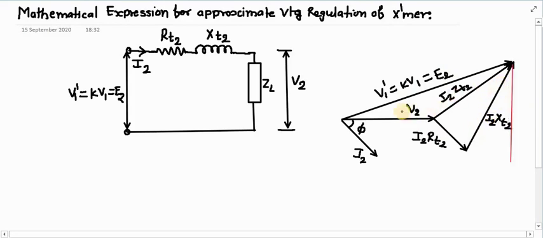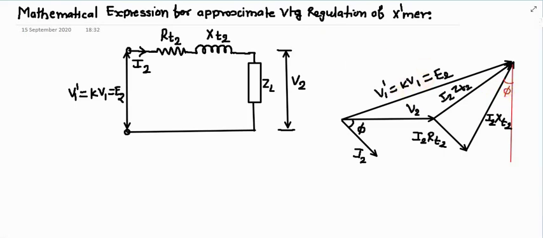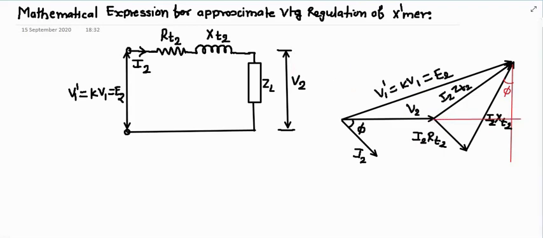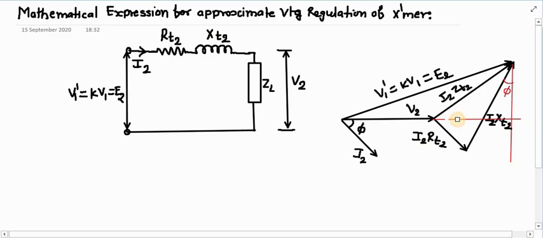The angle between V2 and I2 is phi. Therefore, the angle between the perpendicular to V2 and the perpendicular to I2 is also phi. Similarly, I will extend this V2 line like this, and mark it as dotted. Similarly, this line as a dotted line.